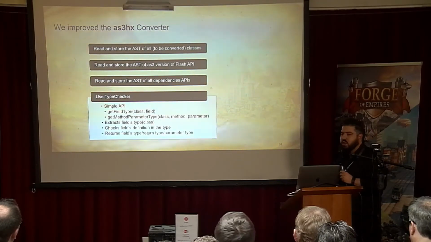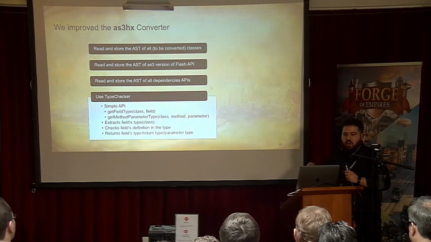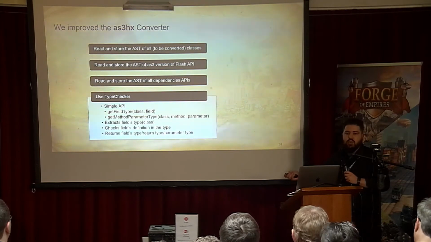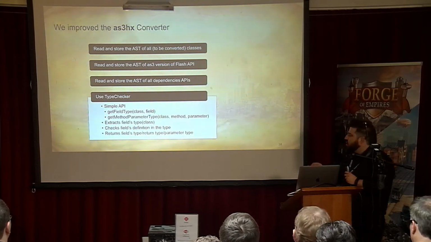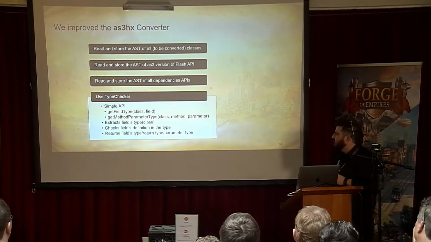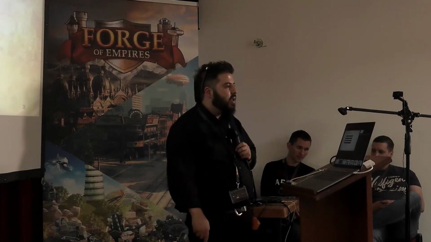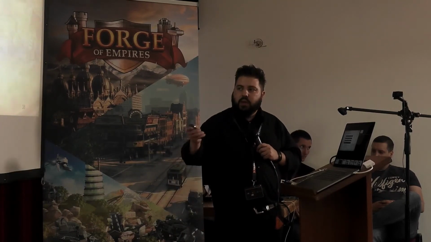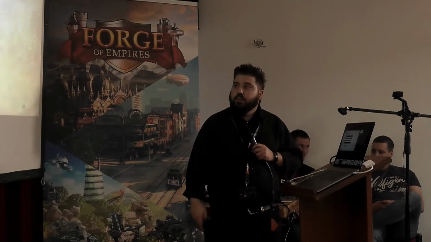So this type checker basically allows us, in any part of the converter, to know anything about any variable, method, parameter, whatever. We know exactly what type to use there because we are using this huge dictionary and class to have all the mappings and everything that will be read by the imports that we use.